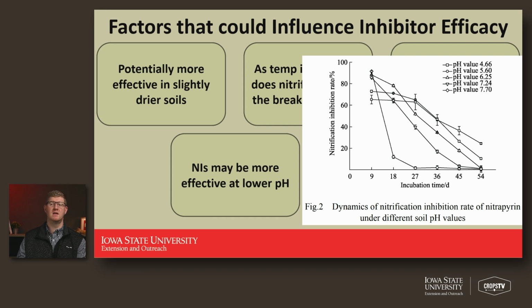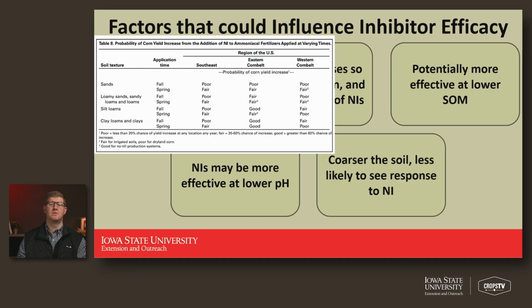So kind of more in the ranges that we want to see in terms of crop production, that 5.5 to 6.5. We're going to be more effective there than if we start going above that and get above a pH of 7. And then finally, soil texture. The coarser the soil, the less likely you are to see a response to nitrification inhibitors.